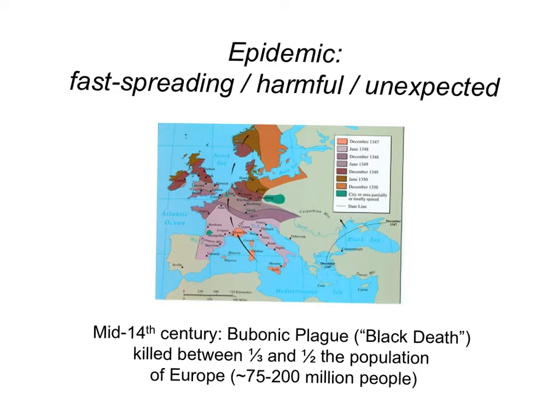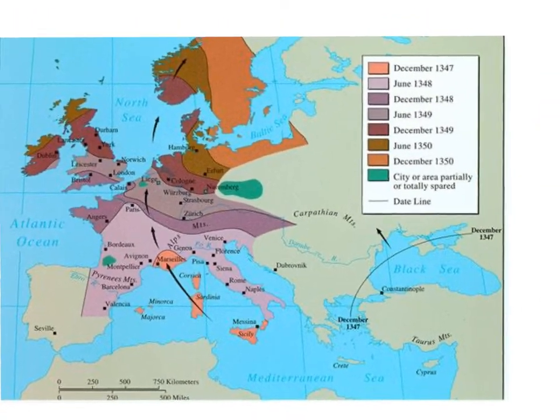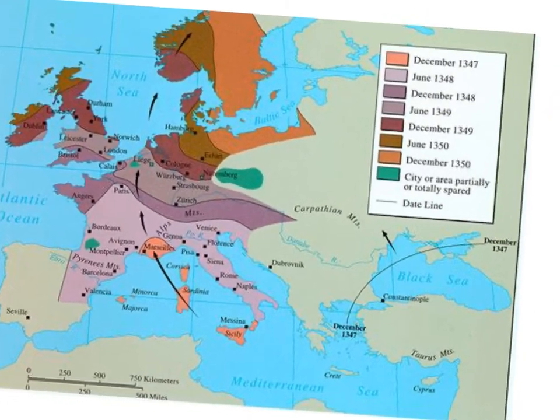In the mid-14th century, 1348, bubonic plague killed between 1/3 and 1/2 of the population, actually even more than that. We don't know. But it went through, and you can see when it hit different places.